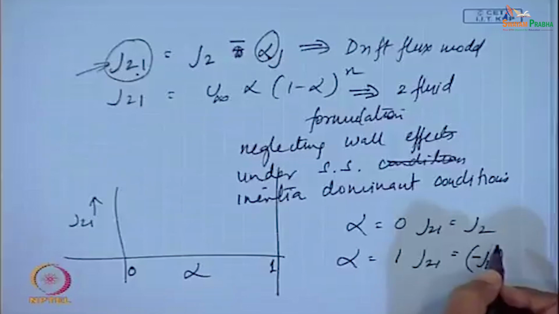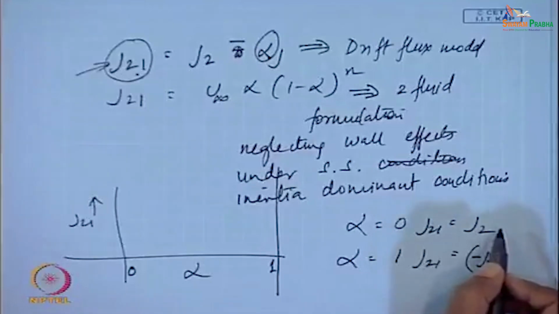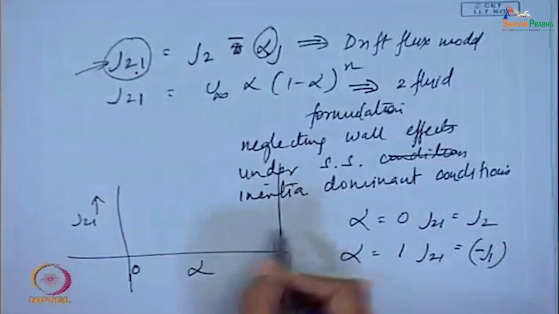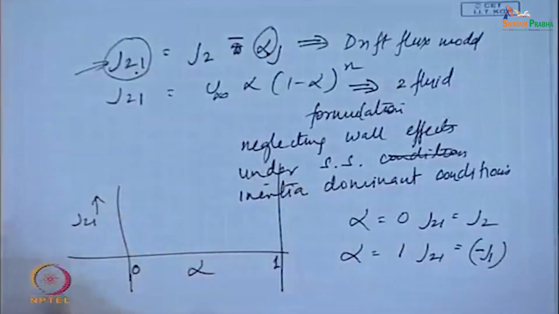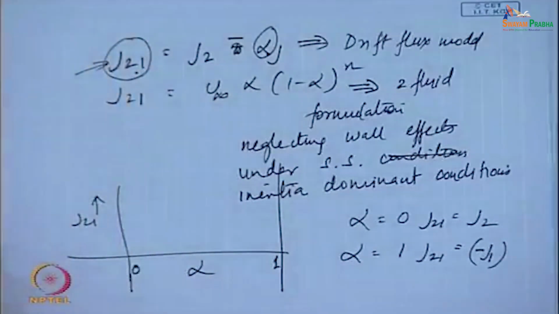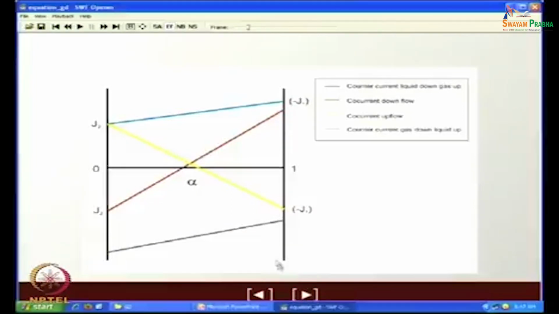So, you will have different types of curves depending upon whether both J2 and J1 are positive, that means co-current upflow, or both J2 and J1 are negative, that means co-current downflow, or else one is positive, one is negative. Depending on that, you will have different curves in different quadrants. Now, let us see what type of curves you are going to get.